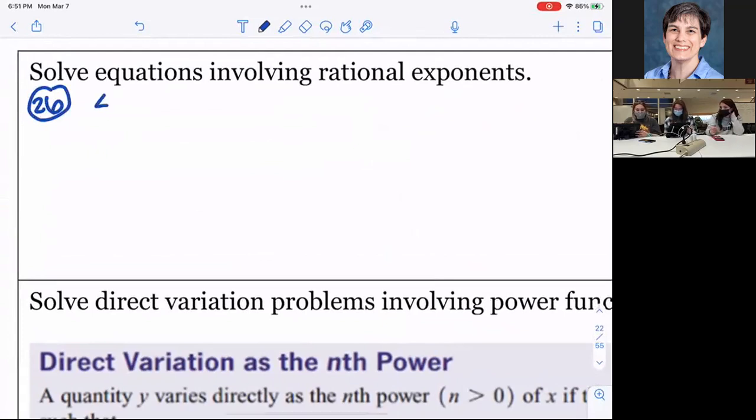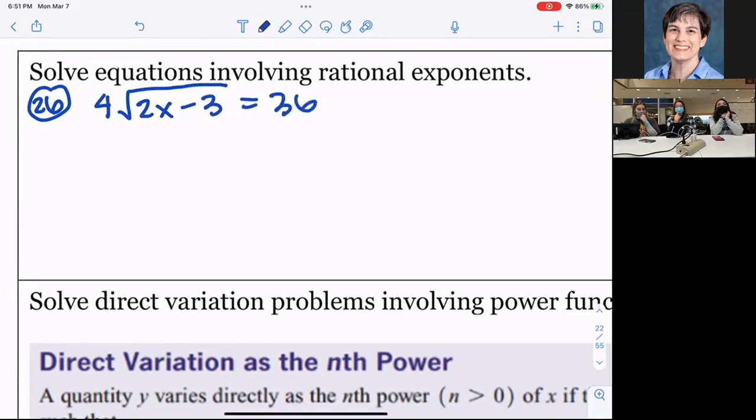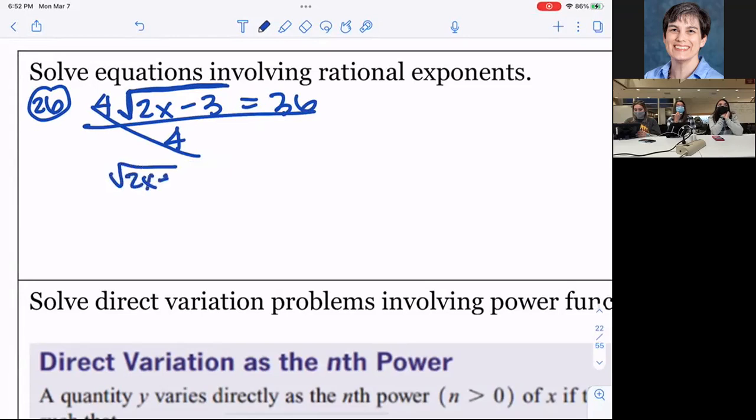So for 26, we have 4 times the square root of 2x minus 3 equals 36. So first we want to get this radical by itself. So we're going to divide by 4 on both sides. Now we have 2x minus 3 equals, and 36 divided by 4 is 9.